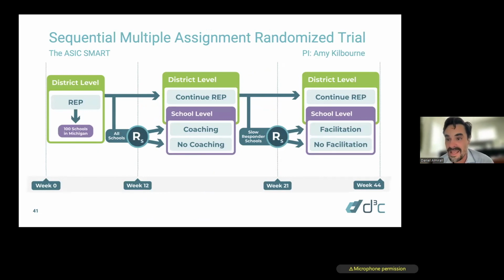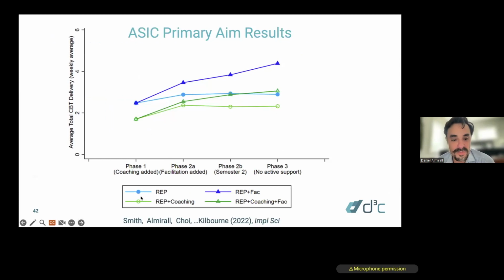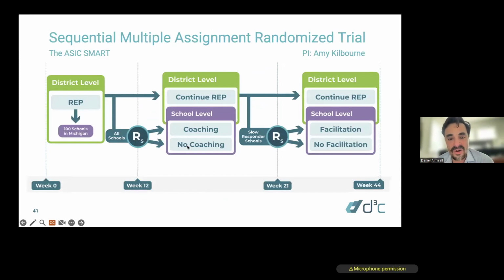You guys feeling me? And then I have another group that's not adaptive, which is the green circle, because check it out. All the schools got coaching or not. So suppose you're a school that got coaching, then you're only adaptive if you ended up getting facilitation, that is, if you were slow responding and got facilitation. Otherwise, if you were slow responding and didn't get facilitation, well then, there's nothing adaptive going on there.